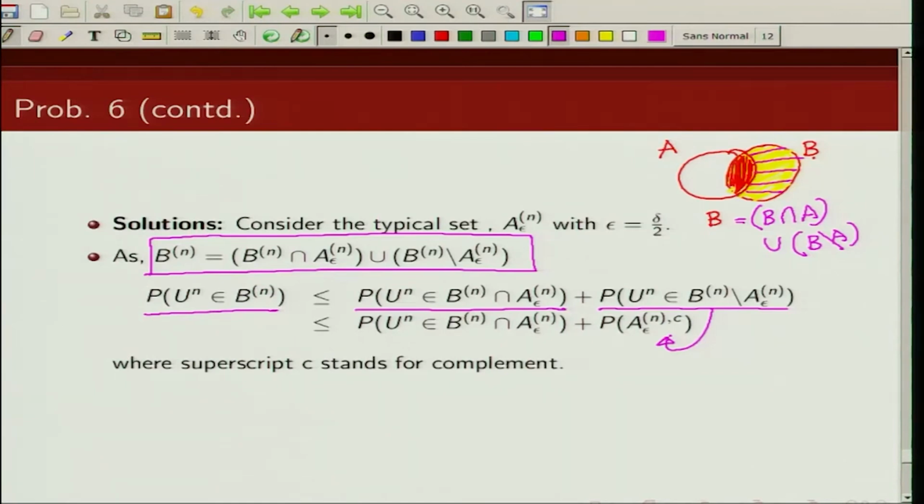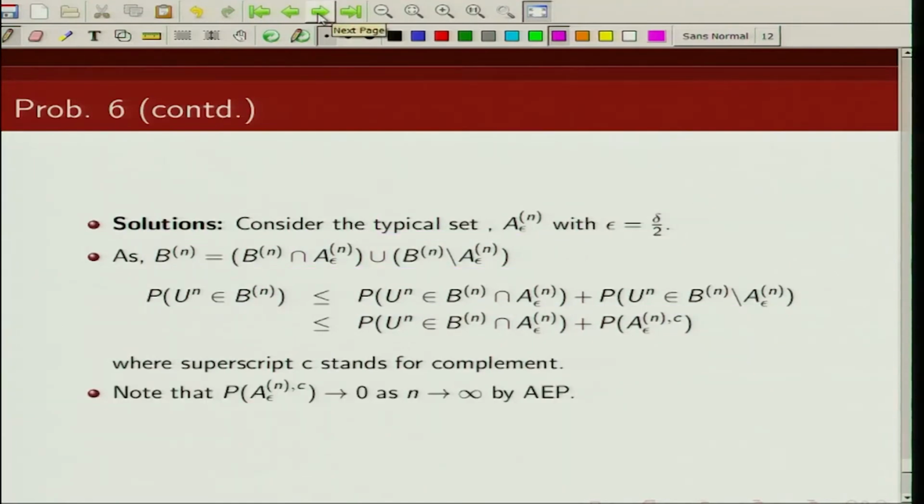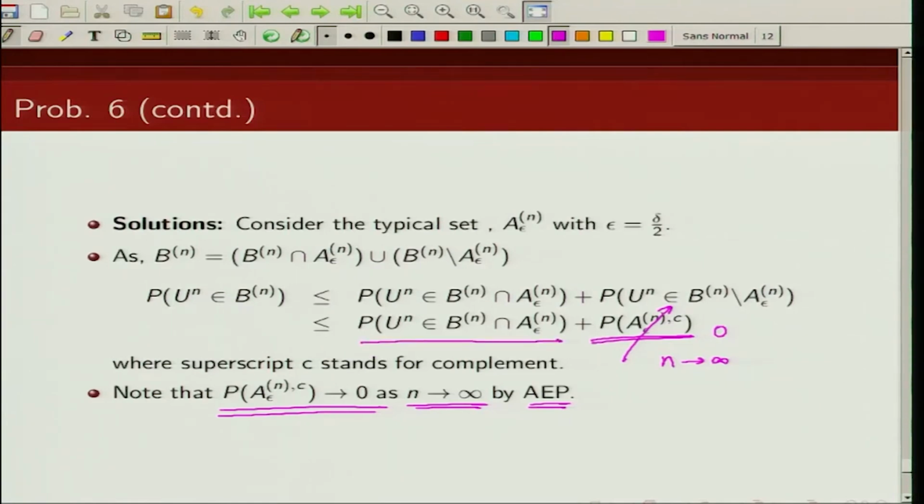Now from the asymptotic equipartition property, we know that as n goes to infinity, this probability is negligible. This was very, very small, some epsilon, so this goes to 0. So the limit as n goes to infinity would be upper bounded by the limit as n goes to infinity of this probability.